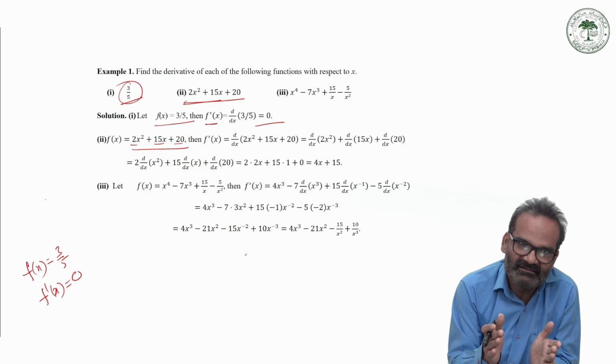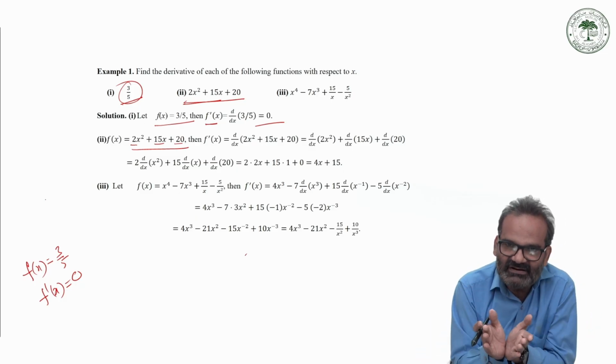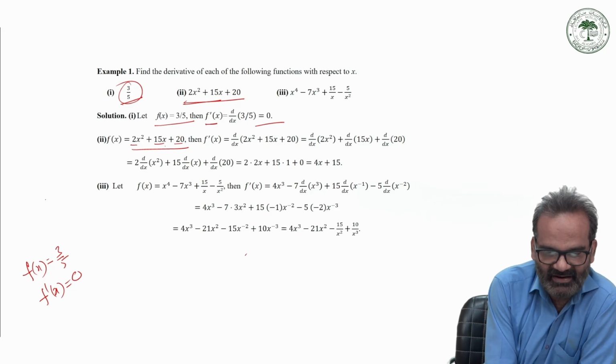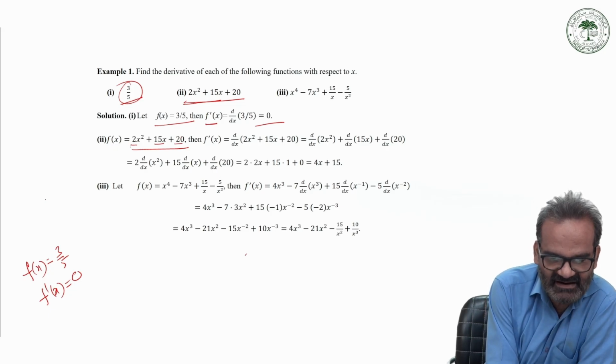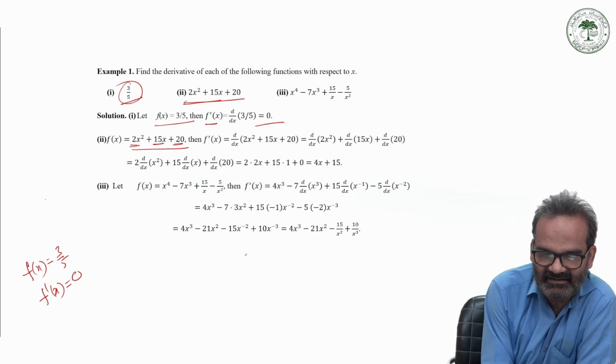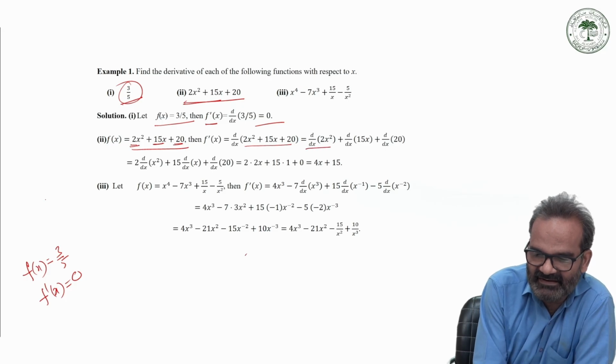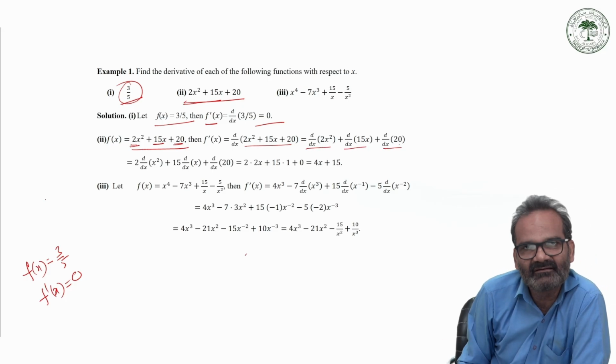We can find the derivative of the sum of 3 functions by getting each derivative separately, right? So f(x) is this, then f dash x means derivative of this plus derivative of this plus derivative of this, right? The same we did here. f dash x is d upon dx of this, which means derivative of the first term, derivative of the second term plus derivative of the third term.